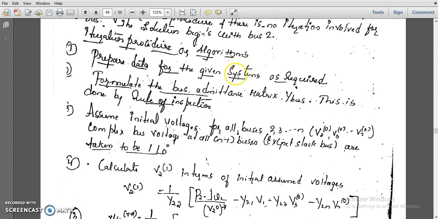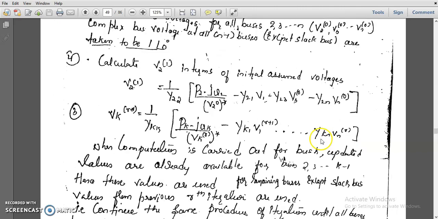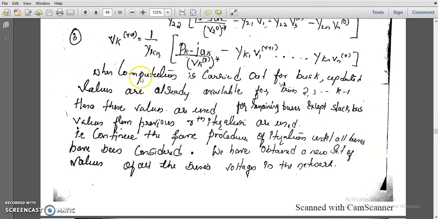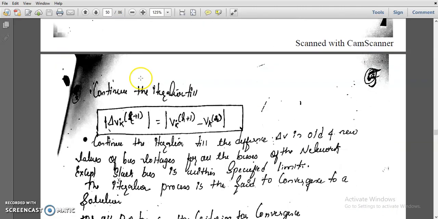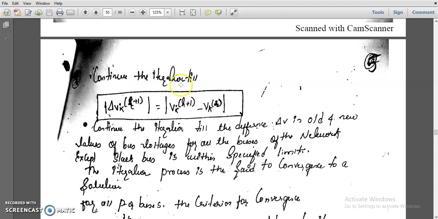Okay. So step by step you have to follow. First, collect the system data, form the bus admittance matrix, assume all the initial values, and calculate the voltages of the different buses. And once you have calculated Vk, update and iterate till we get convergence. Del Vk raised to r plus 1 is Vk raised to r plus 1 minus Vk raised to r.